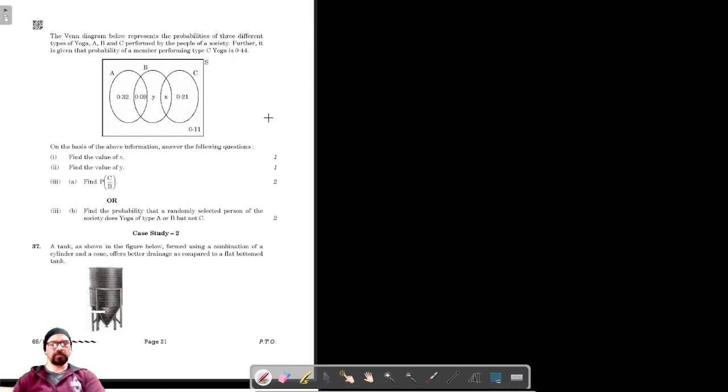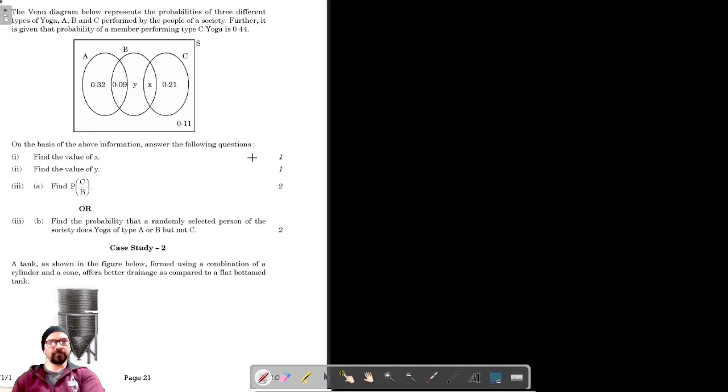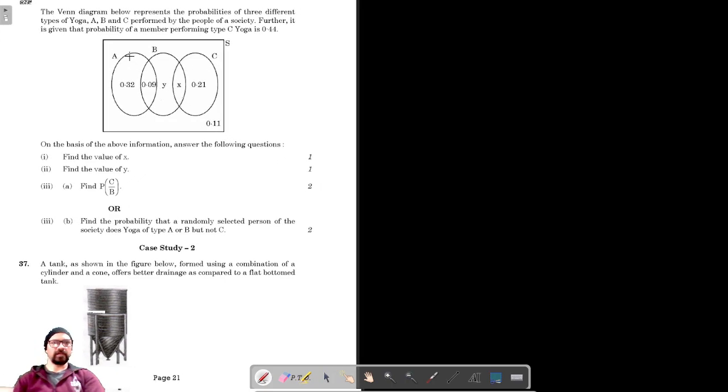What is the information in the question? This is the Venn diagram that represents the probabilities of three types of yogas, A, B, and C. There were different types of yogas, but it's given here that the people of a society just perform three types of yogas, let's say A, B, and C. The probability of a member performing the type C yoga is 0.44, and this is the Venn diagram that is given to us.